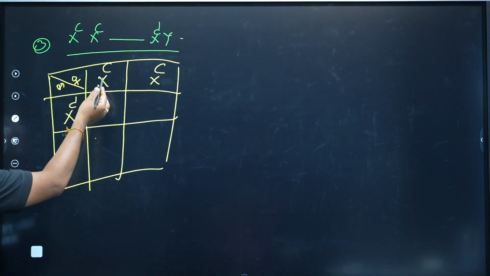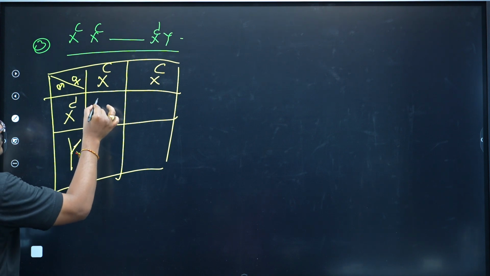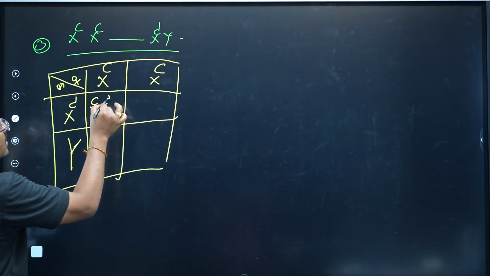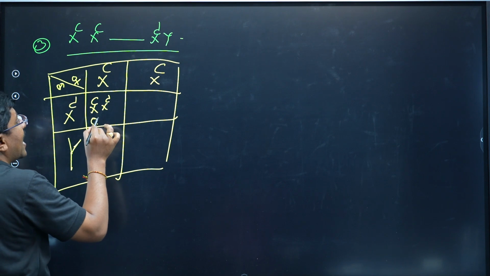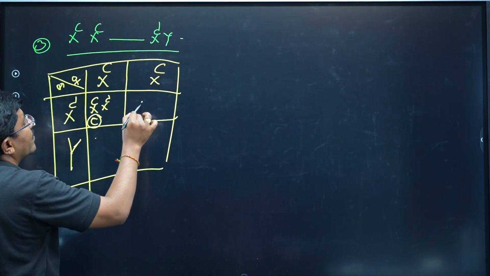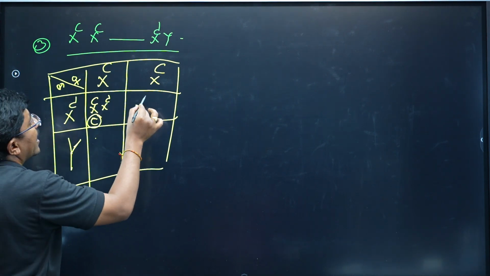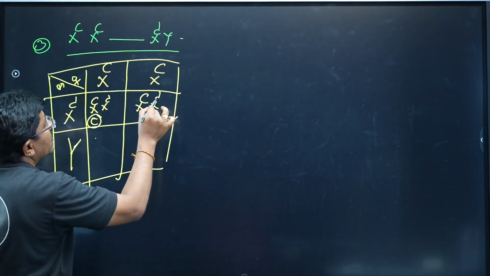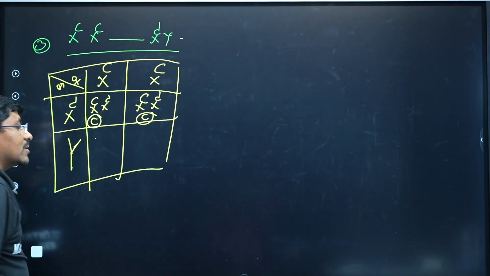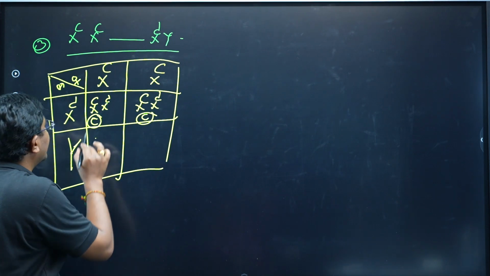See, X^C X^c means carrier, and carriers are always unaffected. X^C X^c again carrier, again unaffected.